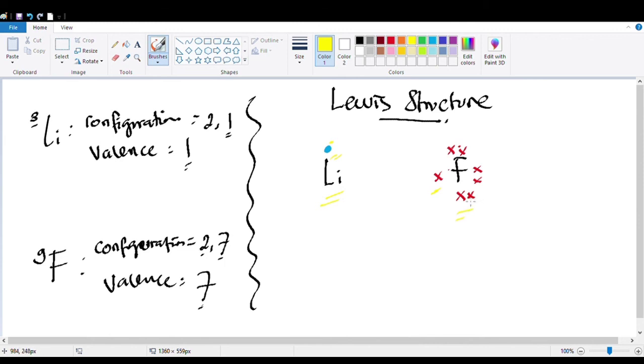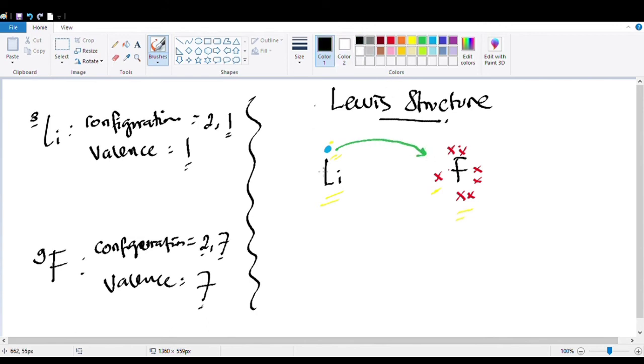So metal, group 1, tends to give, while non-metal, group 7, tends to get. So lithium gives the electron to fluorine.